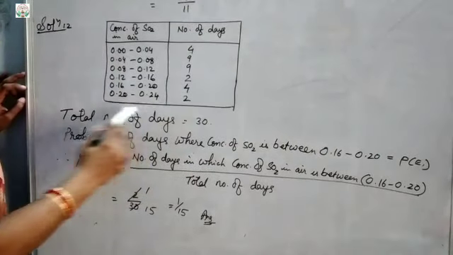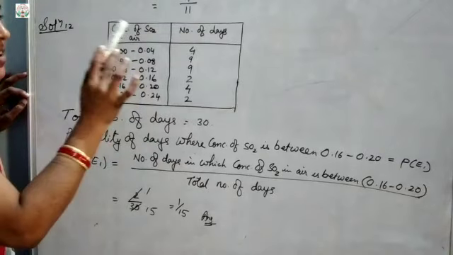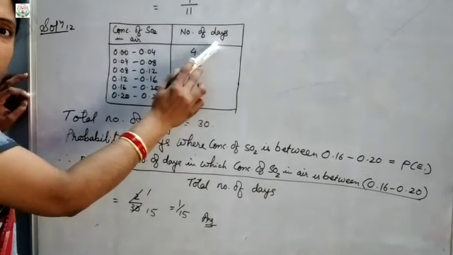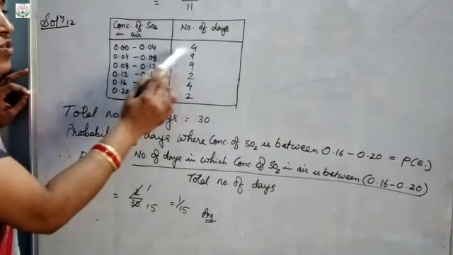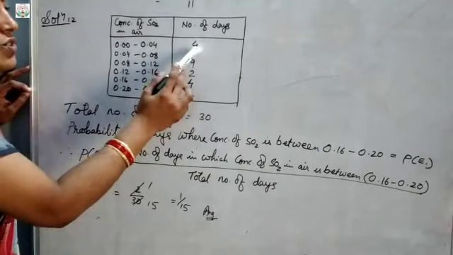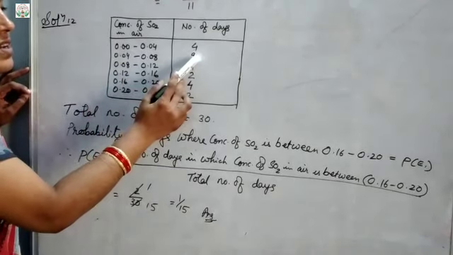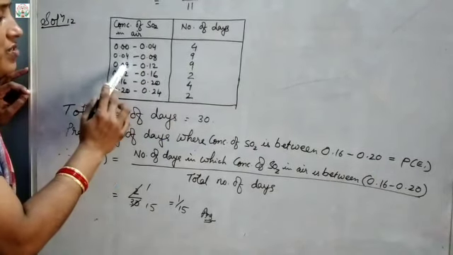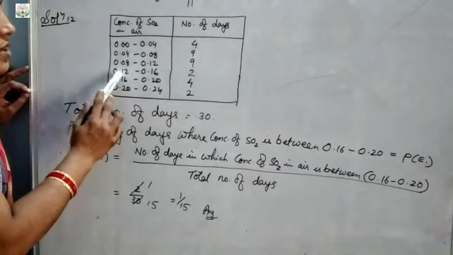In the frequency table, concentration of sulfur dioxide in air and number of days: between 0.00 to 0.04 is 4 days. And 0.04 to 0.08, how many days? 9 days. Then 0.08 to 0.12, 9 days again.